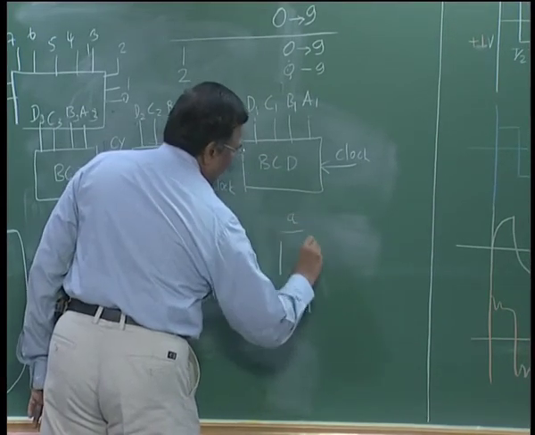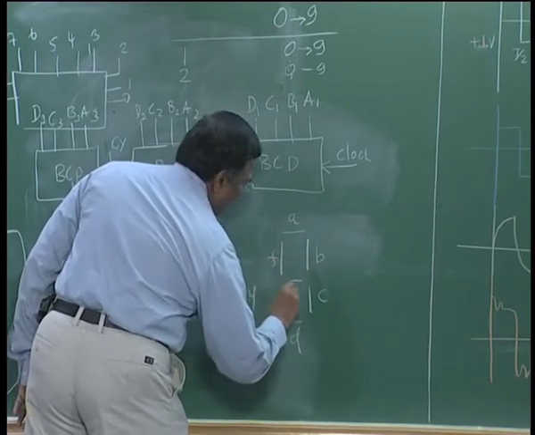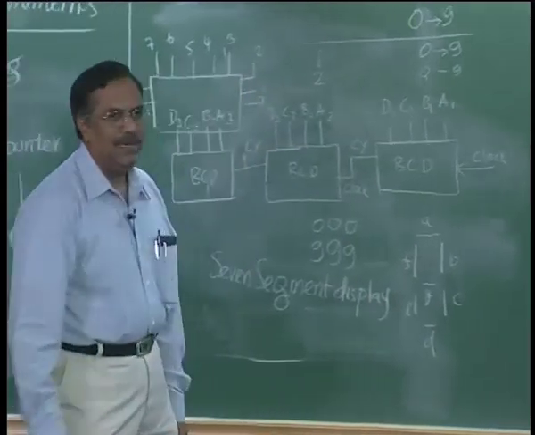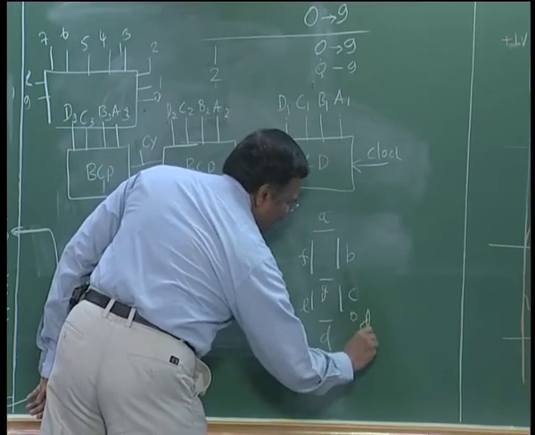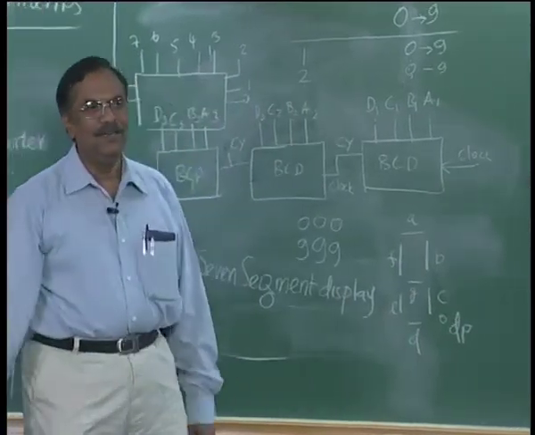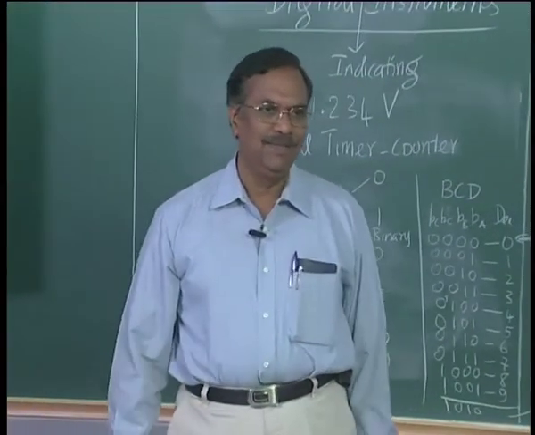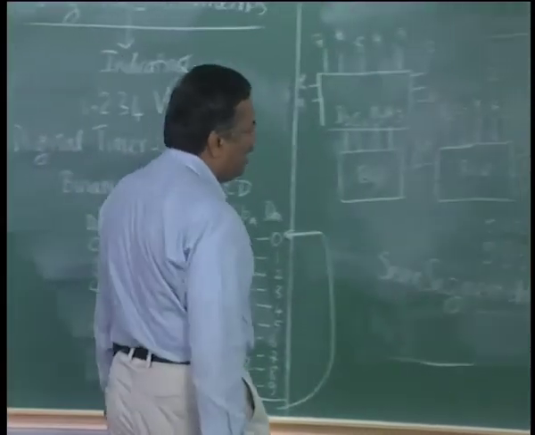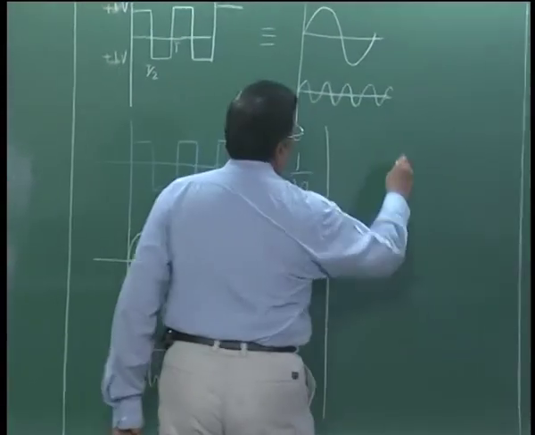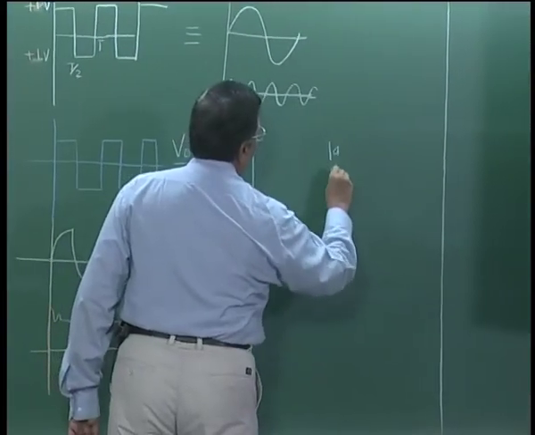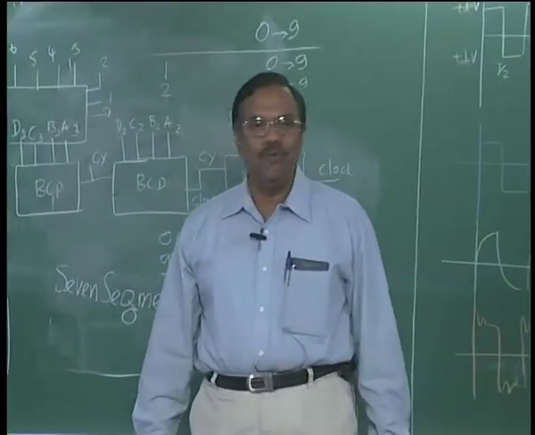We call these A, B, C, D, E, F and G. And sometimes we also have a small point here called the decimal point, dp. Most of the 7 segment displays are actually 8 segments, with a decimal point. Now if I want to display 1, all I have to do is glow B and C.